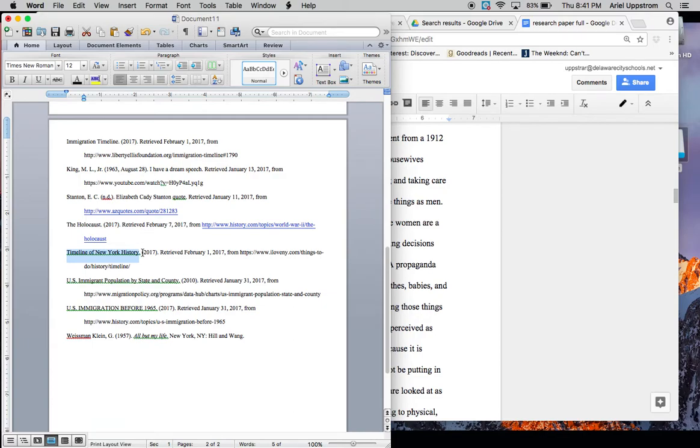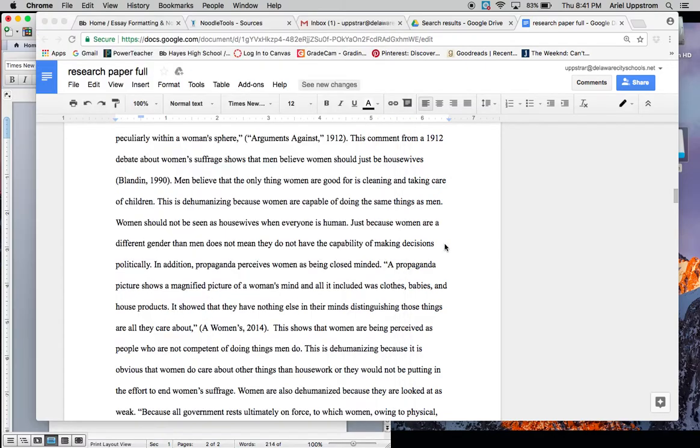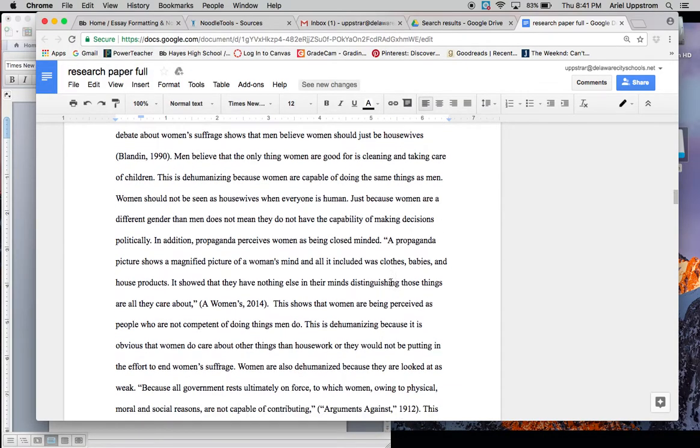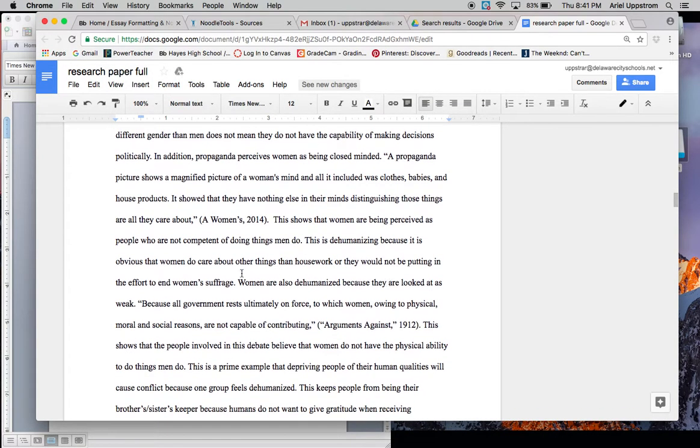If it's a title of a short piece, it's in quotation marks. This is the title of a small web page on the larger resource, so I would put it in quotation marks. So pretend that this sentence has information that came from that resource.